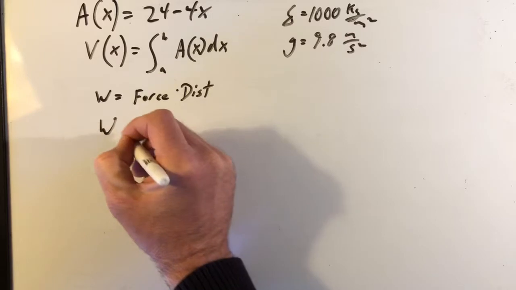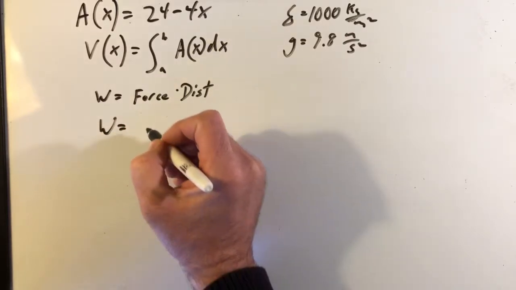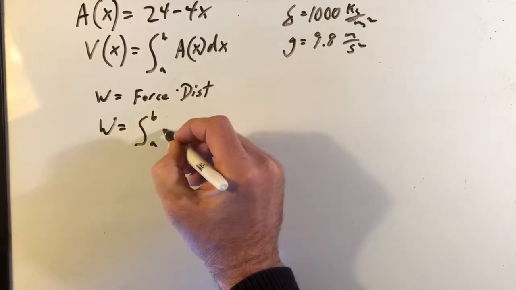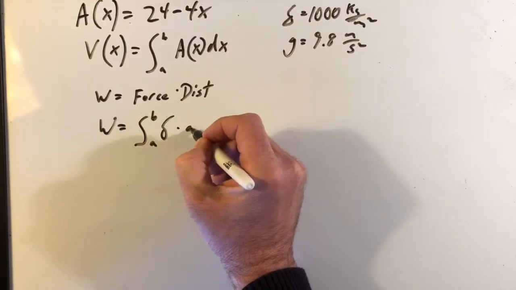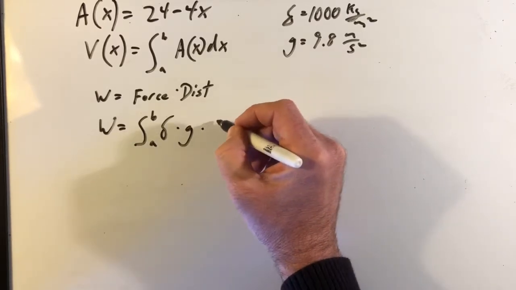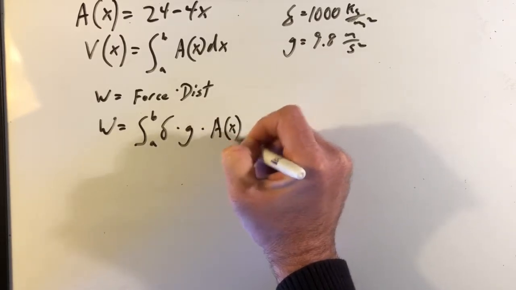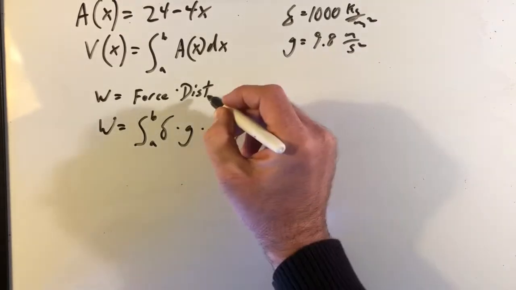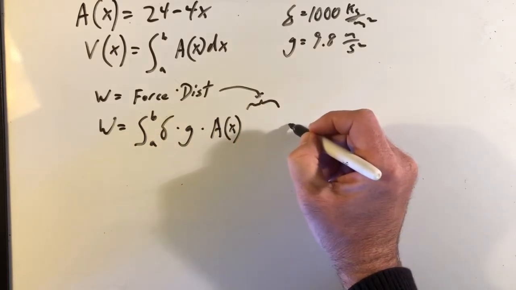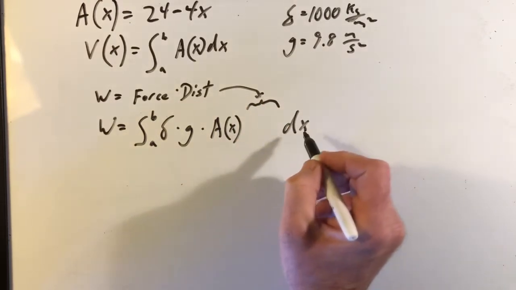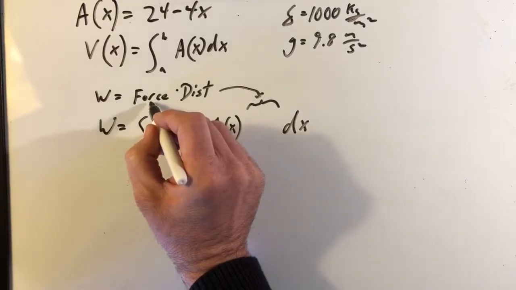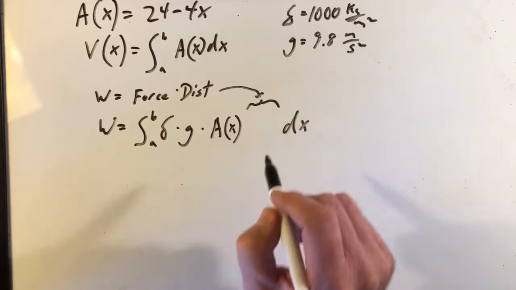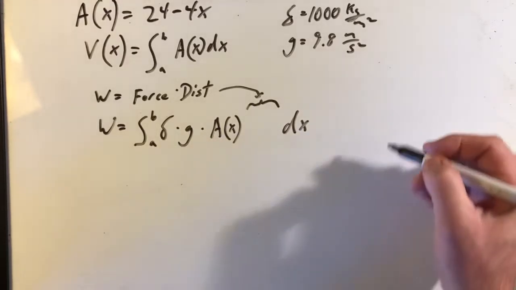So what we're going to have is the integral from b to a of the density times gravity times area as a function of x, and then I'm going to leave a spot right here for where our distance is going to plug in, and then we're going to have dx. So all of these things together equal your force: the density, gravity, area, and times that change in x.